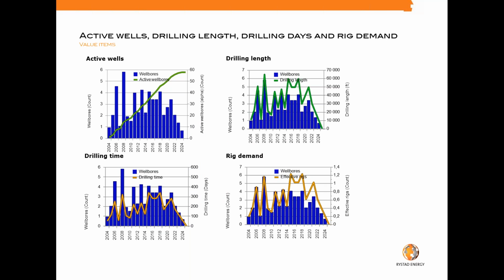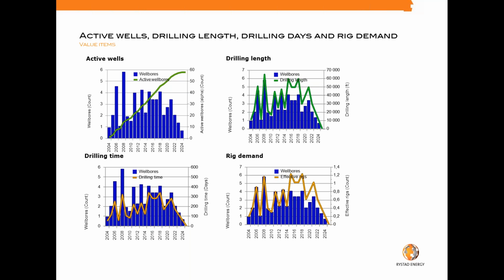And once we have established the well time series, we can start to estimate other related quantities. In upper left corner, we have active wells, which is the number of wells in operation. This number is determined by the sum of completed wells that has not yet exceeded their well lifetime.